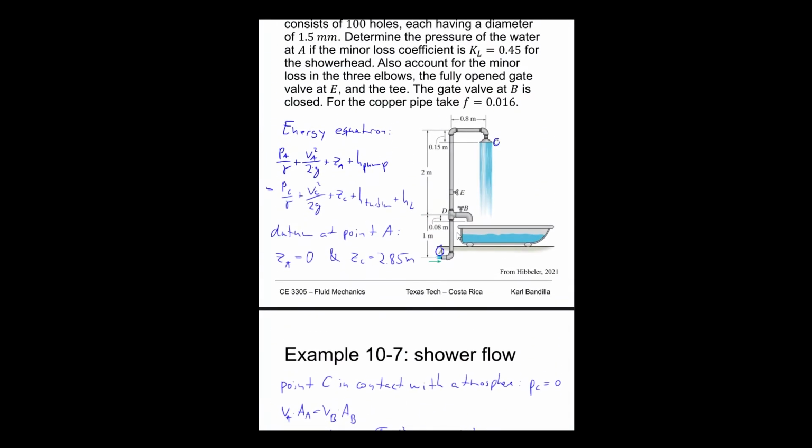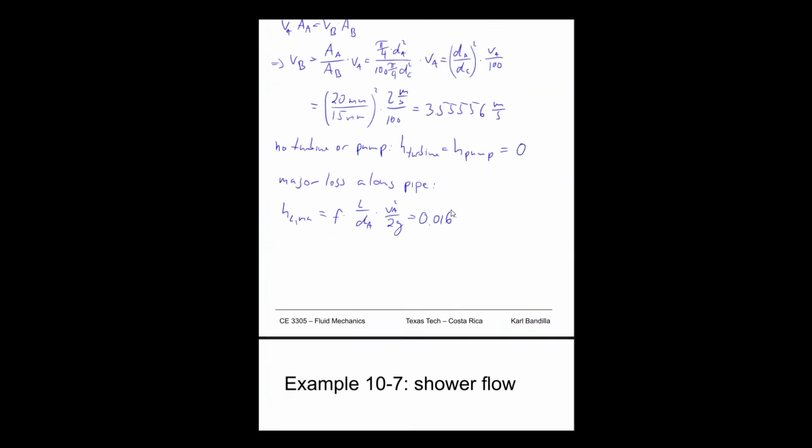But let's put an A in here just to make this very clear. So we were given that F is 0.016. Now what is the length of our flow? 1 meter, 2 meters, 2.8 meters, 3.8, and then back down 0.15, so 3.95 meters.